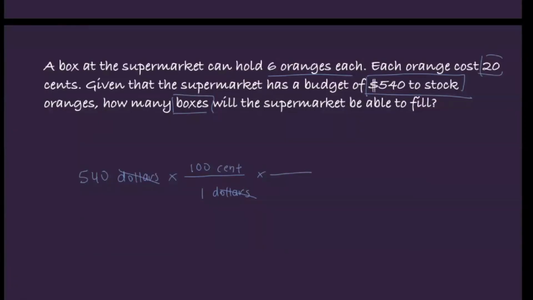So we also know that 20 cents is worth 1 orange. So we have 20 cents and 1 orange. And 6 oranges equals a box. So 6 oranges and 1 box. And the units cancel out between numerator and denominator.